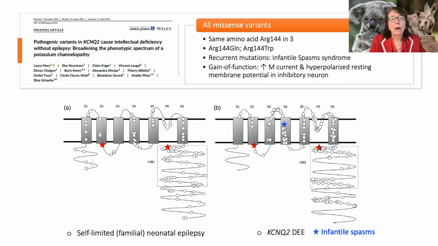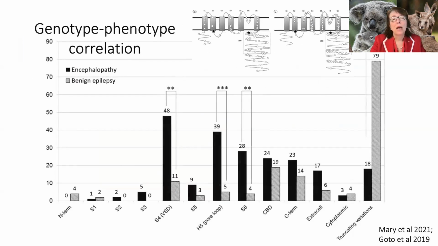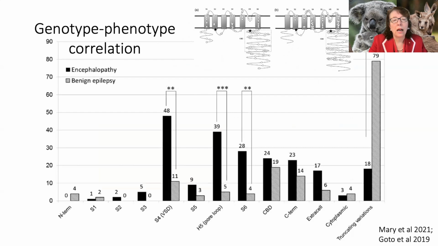And whereabouts in the protein does it tell you what's going to happen? And this work has been really done by many groups, but I've taken the figure from this intellectual disability only paper just to show you. And you can see here that truncating mutations where the protein isn't made is associated with the mild form, the benign or self-limited neonatal, familial or not neonatal epilepsy.